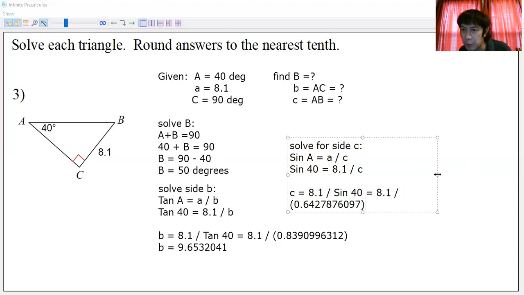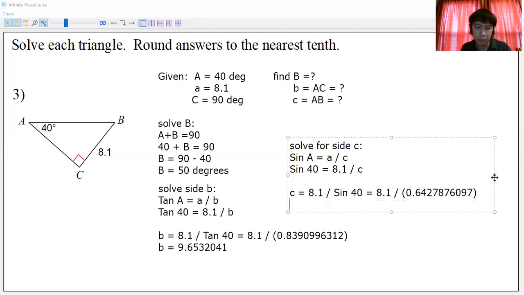Then we divide 8.1 by that value, and that gives us 12.6 for the hypotenuse, 12.601363. There. Okay, so we're done.